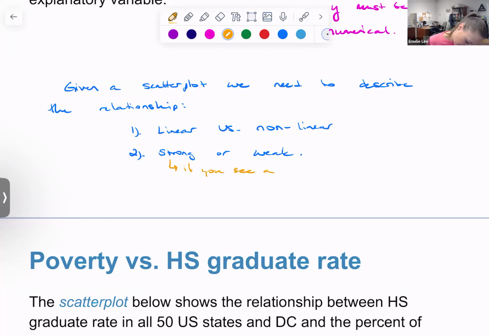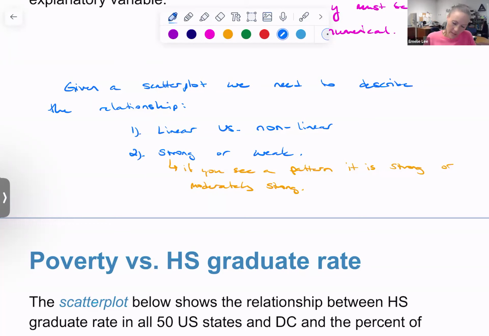If you see a pattern, it is strong or moderately strong. If you don't see a pattern, if it's just a cloud, then I would call it a weak relationship.